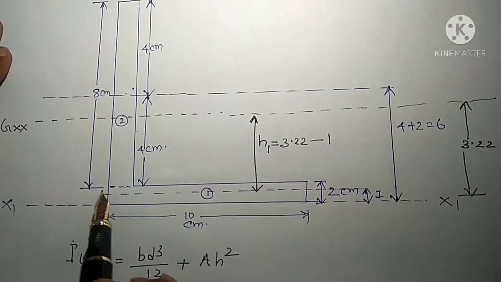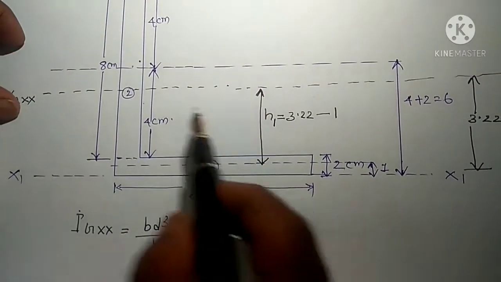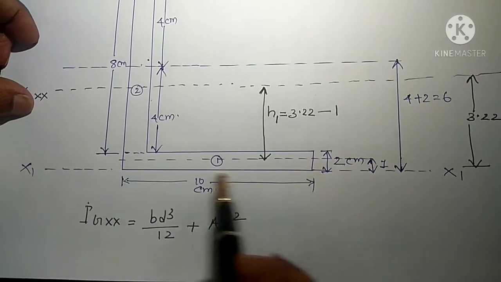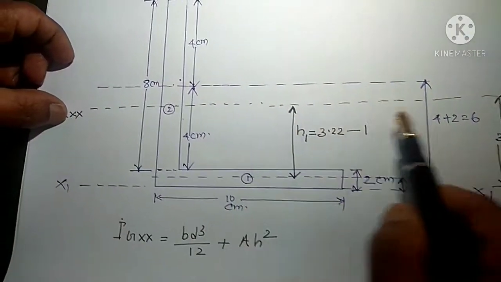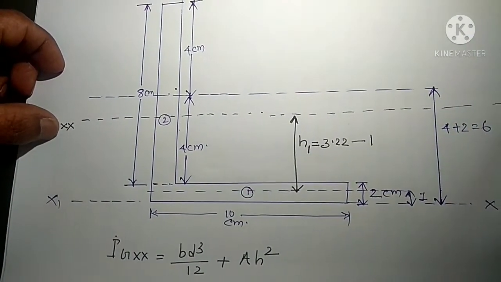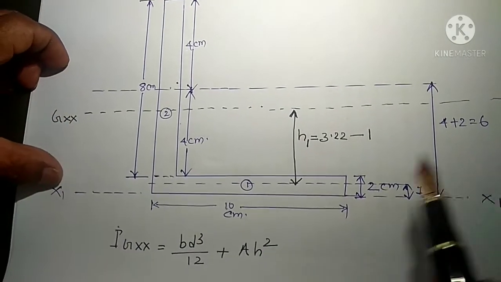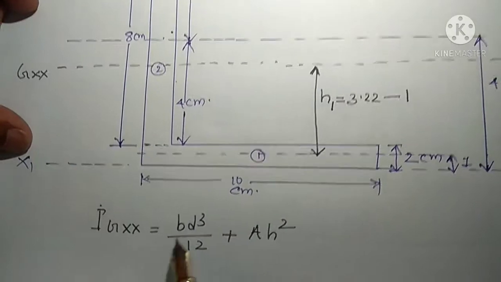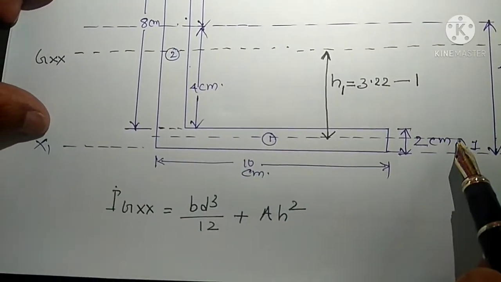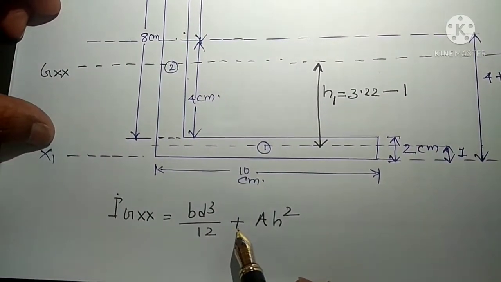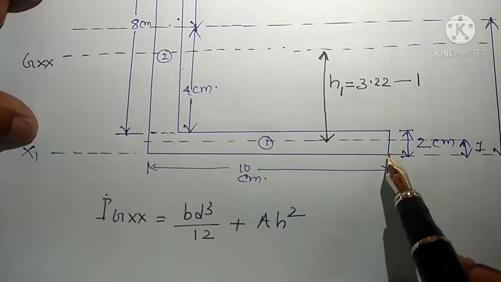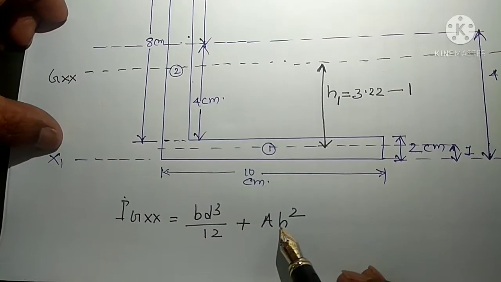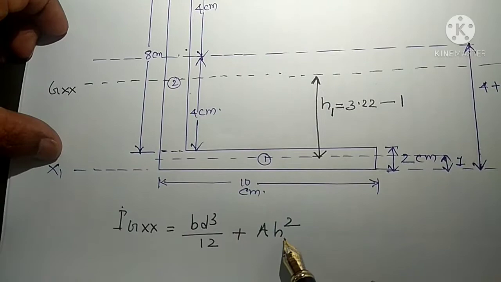As per the parallel axis theorem, the moment of inertia of the first component about the horizontal centroidal axis of the whole component is equal to the moment of inertia of this first component about its own horizontal centroidal axis, that is bd cubed by 12, plus the area of this first component, A into h squared. What is that h?